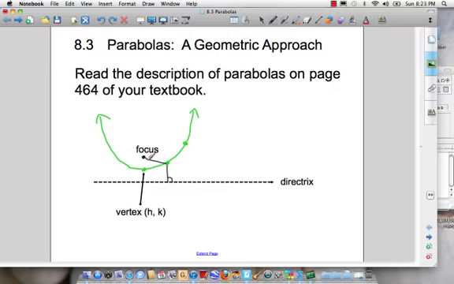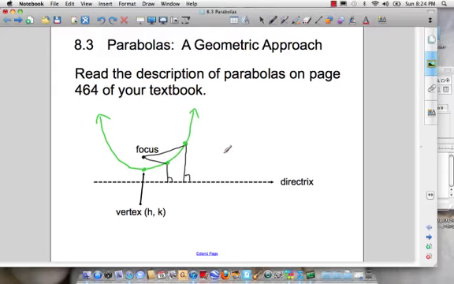That should be pretty clear visually, but again, every point on the parabola should meet the condition that the distance to the focus is equal to the distance to the directrix. Now, without going into all the details of the mathematics behind this, I'm going to give you the equation for this parabola.